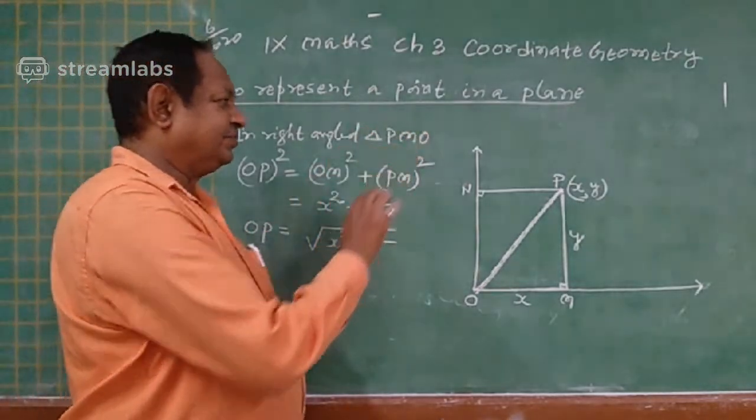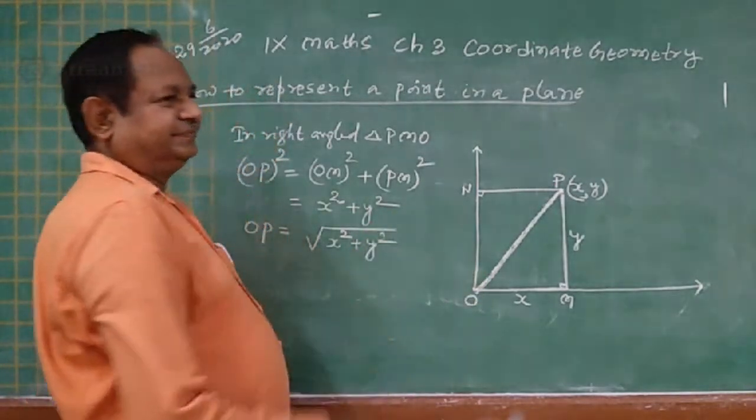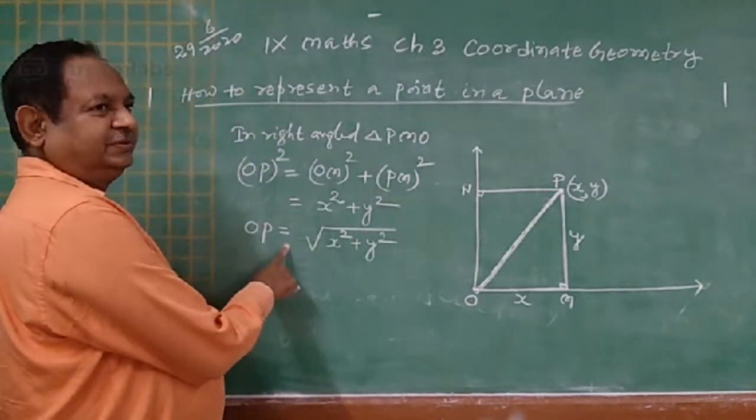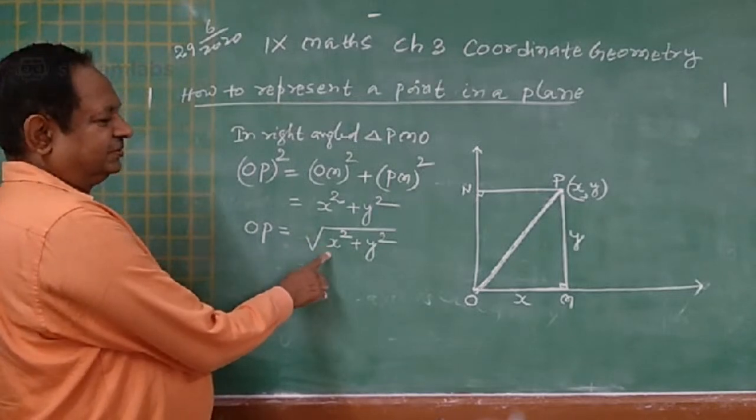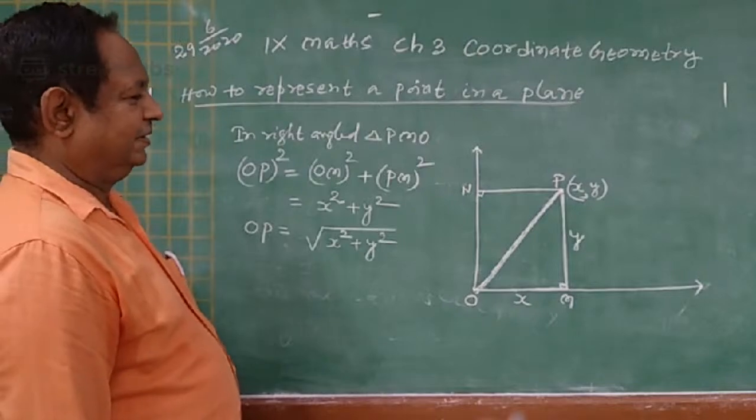So the distance of a point from the origin is equal to under root x square plus y square.